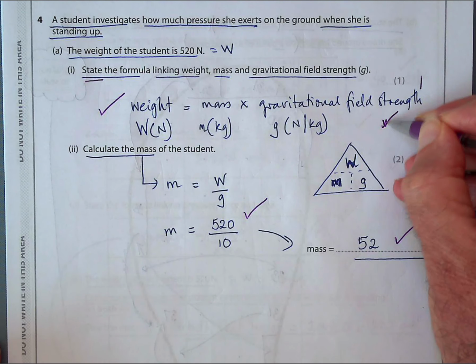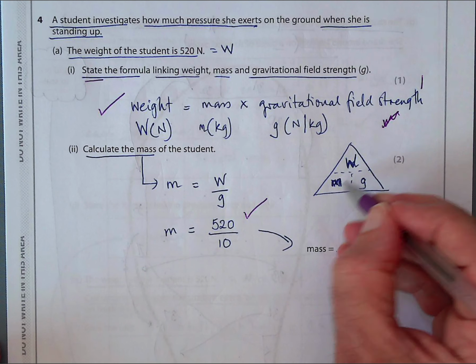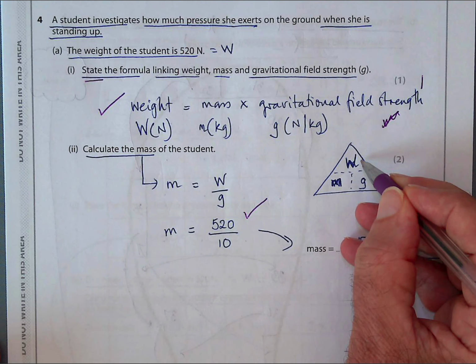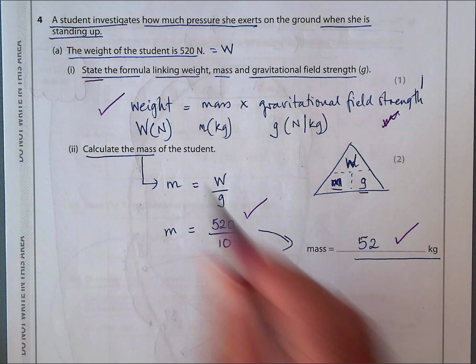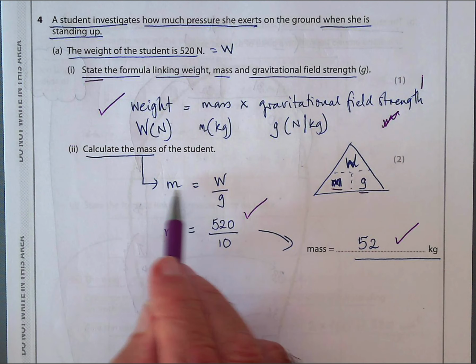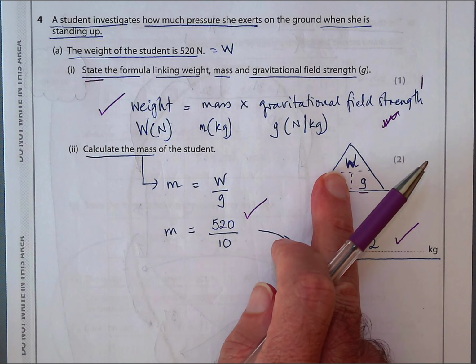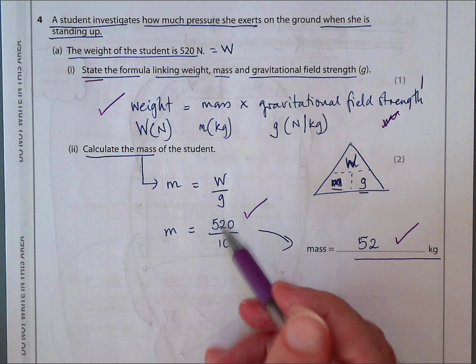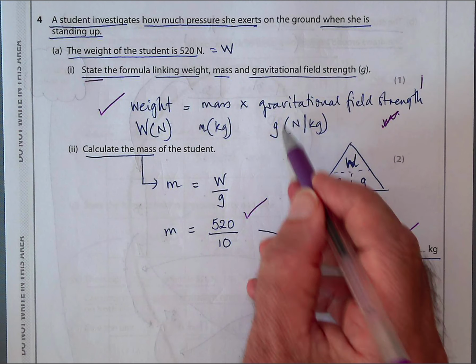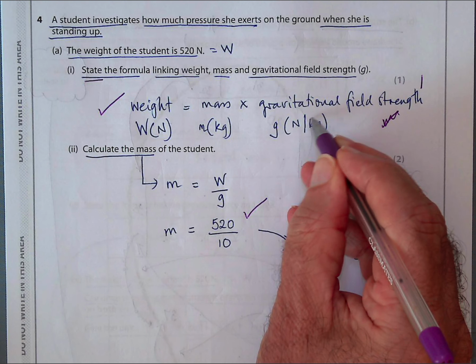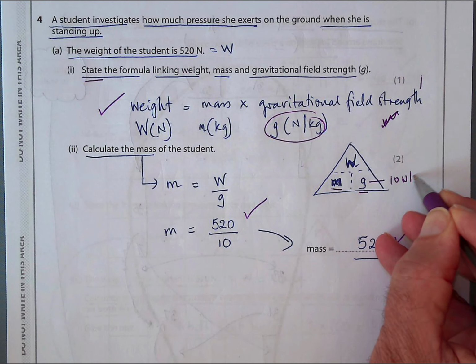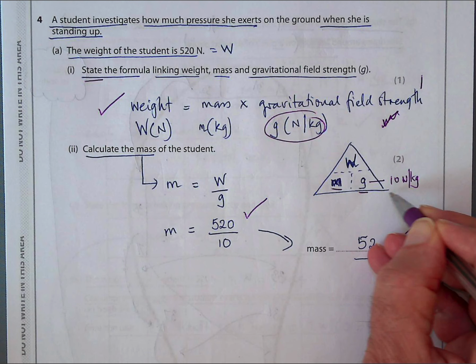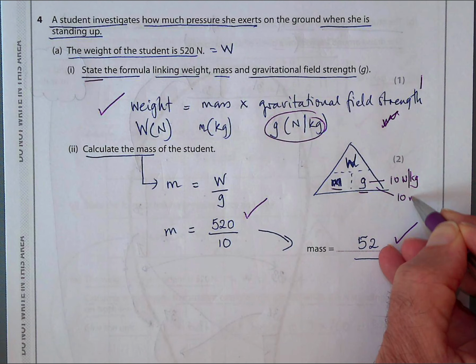I'll put it twice. And then the equation, I've made a mess of this, sorry, this is W, so that's the weight, this is the mass, and this is the gravity. So once you know the equation and you want to calculate the mass, you put your finger on the mass, and that's W over G. W is in newtons, G is given to you in the data sheet, remember, it's 10 for Earth, G on Earth is always 10 newtons per kilogram, which is the same as saying it's 10 meters per second squared if it's an acceleration.